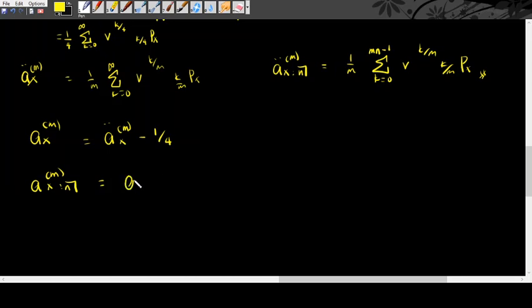So you are going to get ä_{x:n}^(m) minus the first term, 1 over m, plus the last term, which would be v^n (n)px times 1 over m.